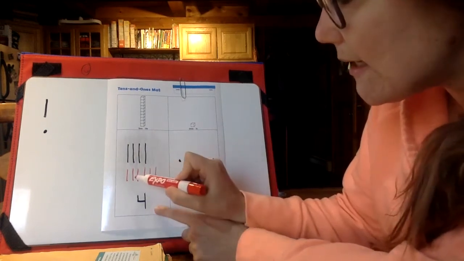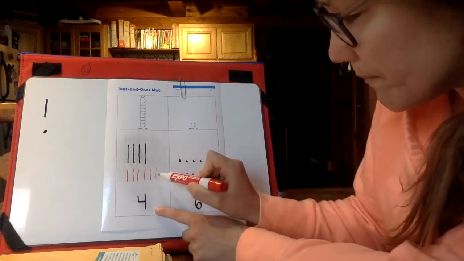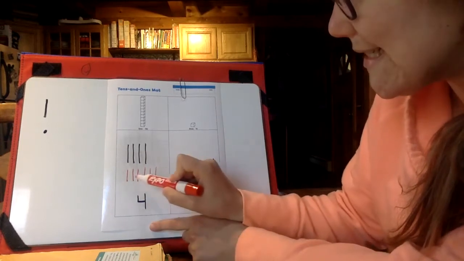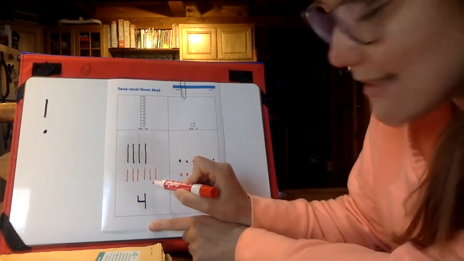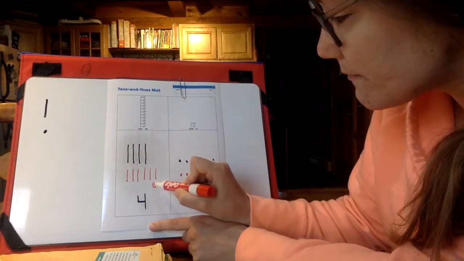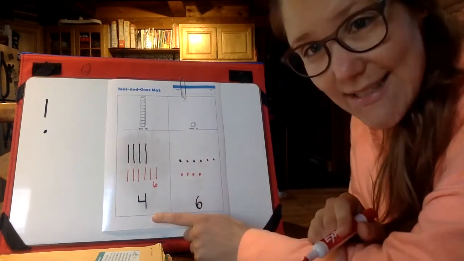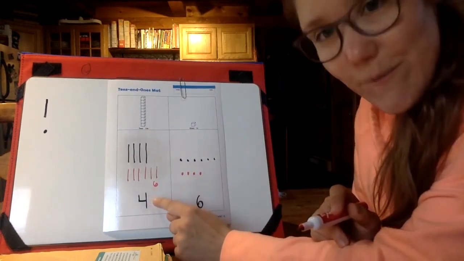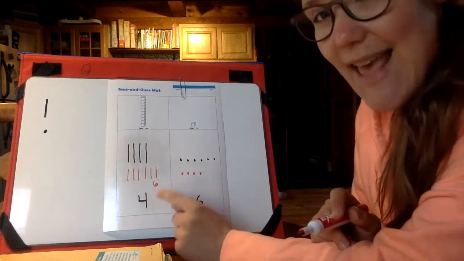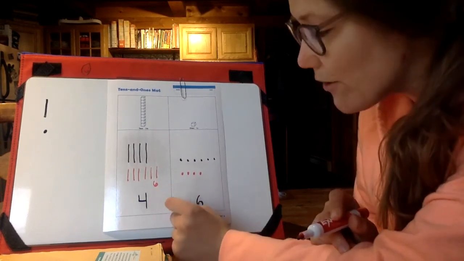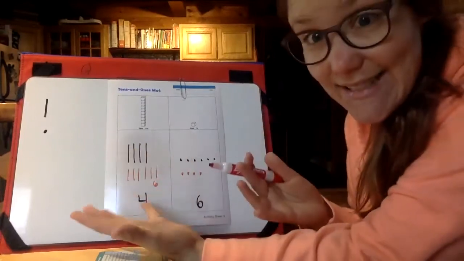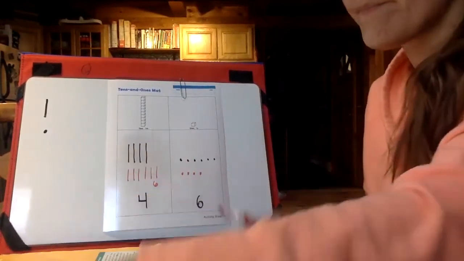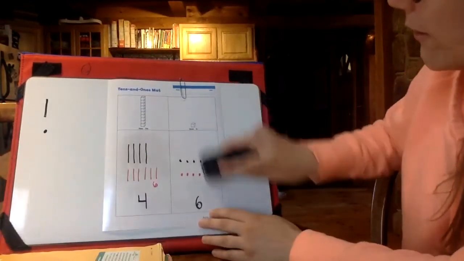How many tens were there in 64? There were 6. Is 6 bigger than 4? Yeah, that's how we know a number is bigger, because it has more tens. Okay? All right, clear your board.